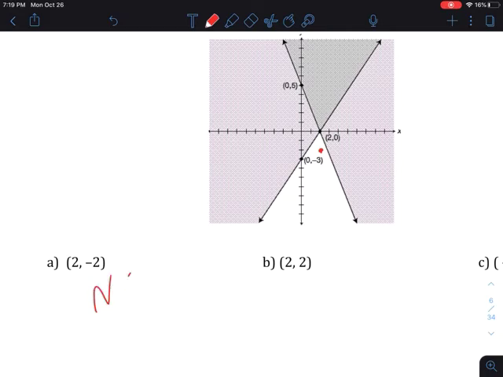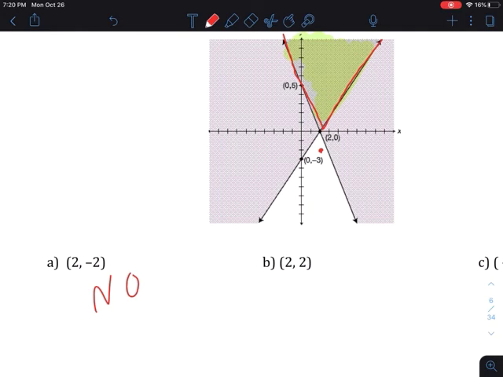So that would be no. In order for it to be a solution, they actually overlap up here. And also they do work out on the solid lines, the part of the solid lines that touch that overlapping shaded area.